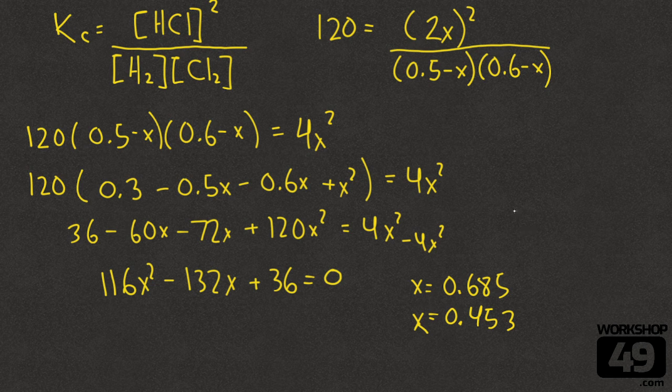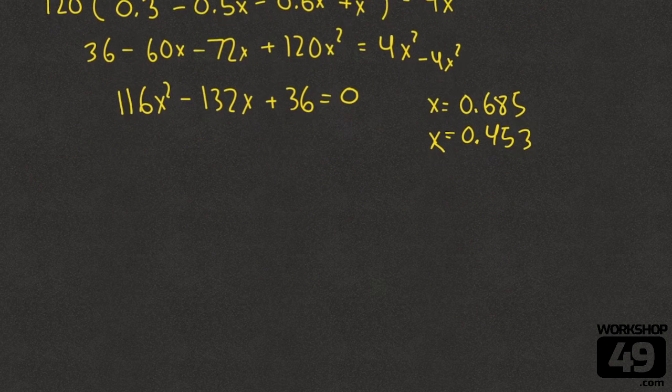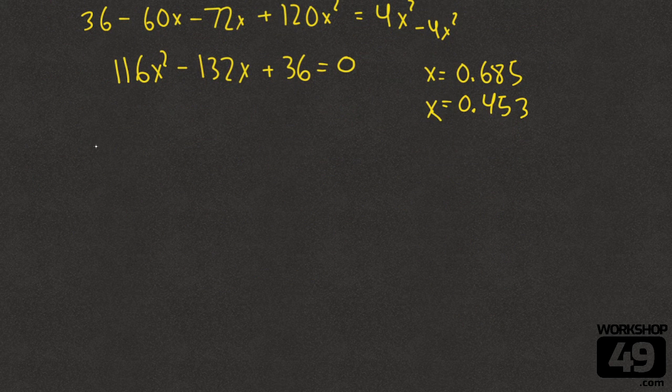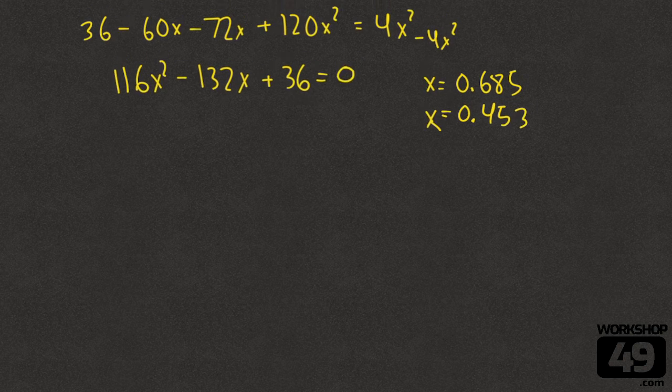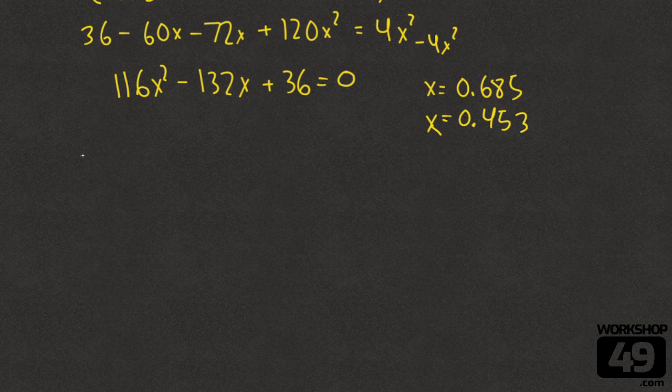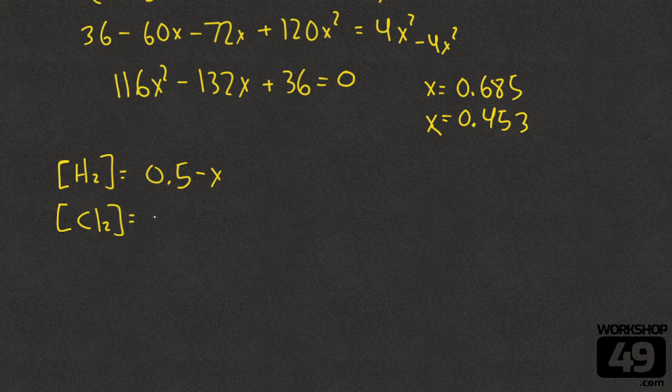How do we decide which one of these is correct? We can decide because our equilibrium concentrations, our H2 was equal to 0.5 subtract x, and our chlorine was equal to 0.6 subtract x. Clean that up.